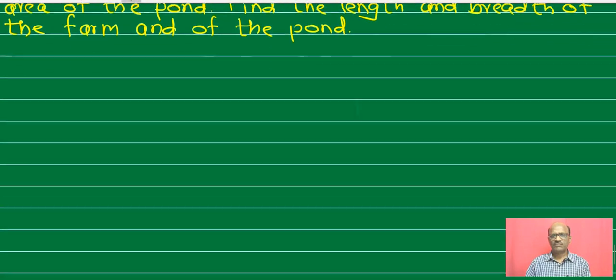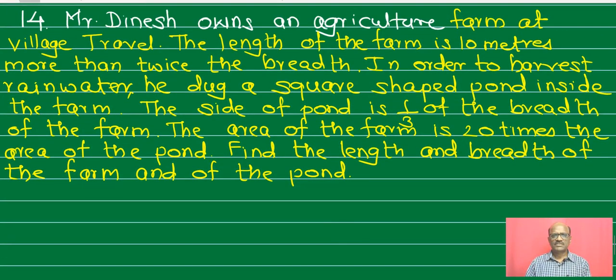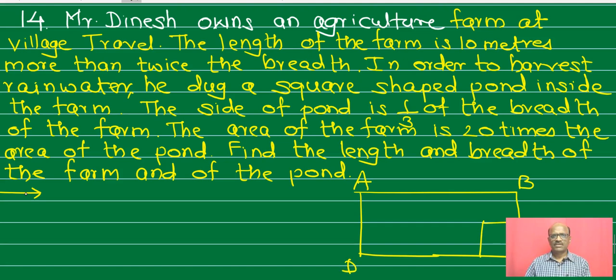End of the pond. You see this? We'll draw the field. Now here is field A, B, C, D. Here is a pond P, Q, R, S. If the breadth is x and length will be x plus 10 meter.